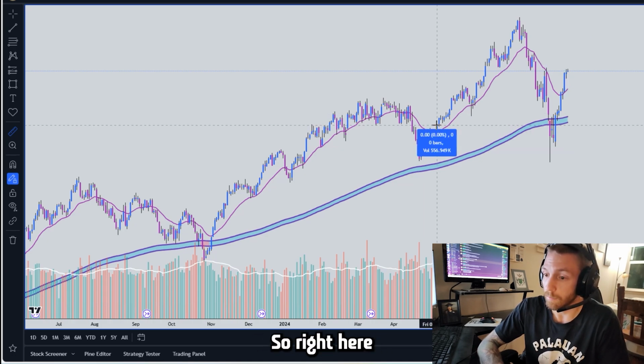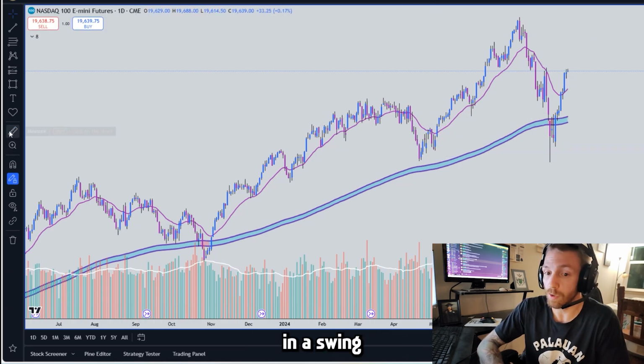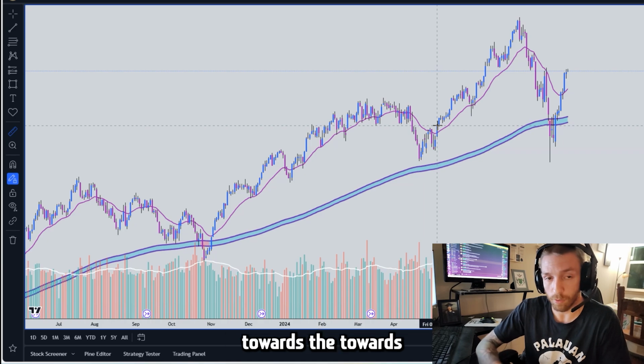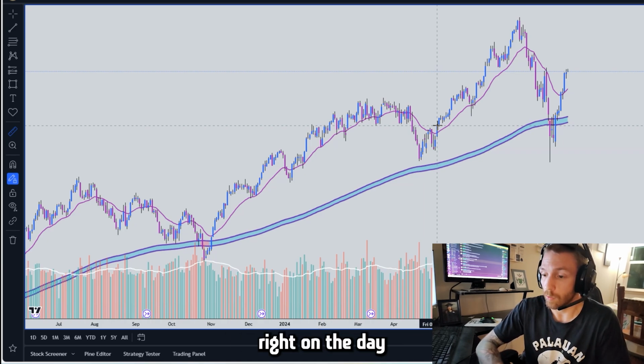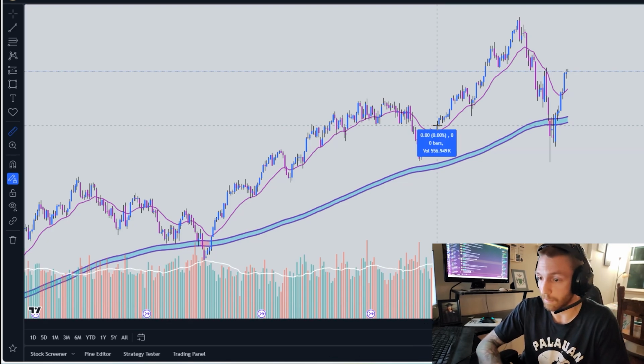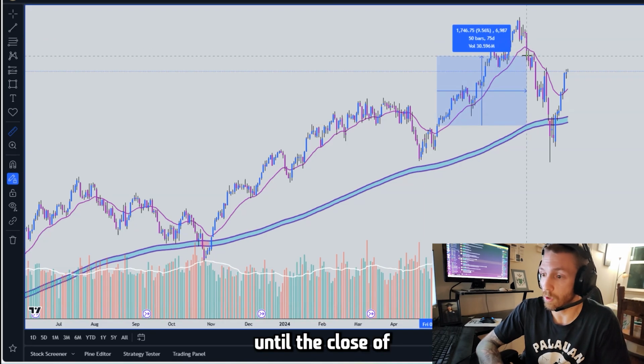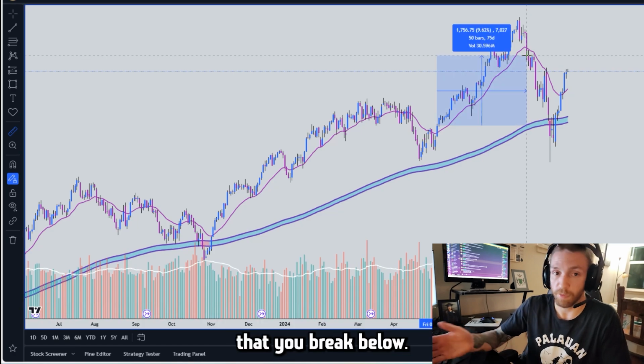So right here, what you would do in a swing trade scenario: you would enter at the close, about 30 minutes towards the end of the day, right on the day that you break above, or the next day at open. Doesn't really matter in my opinion. And then you hold, it's just very simple. You hold until the close of the day that you break below.